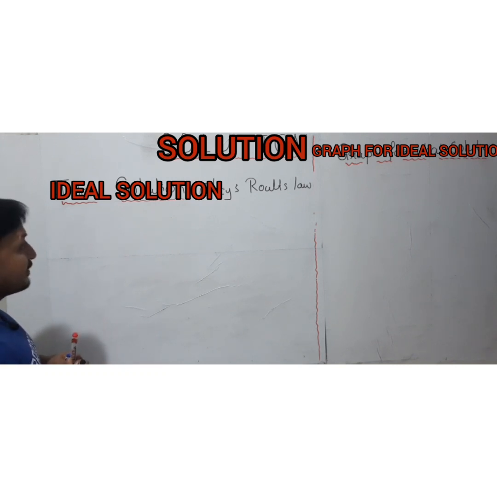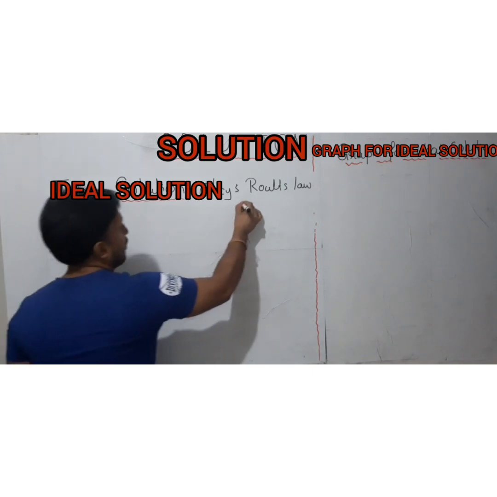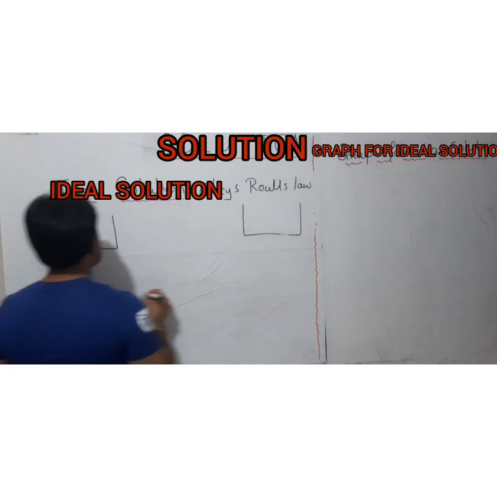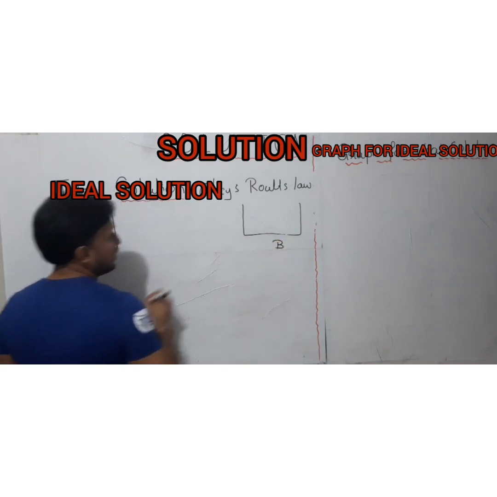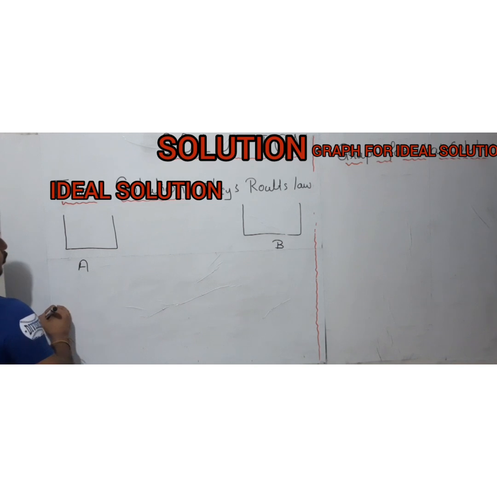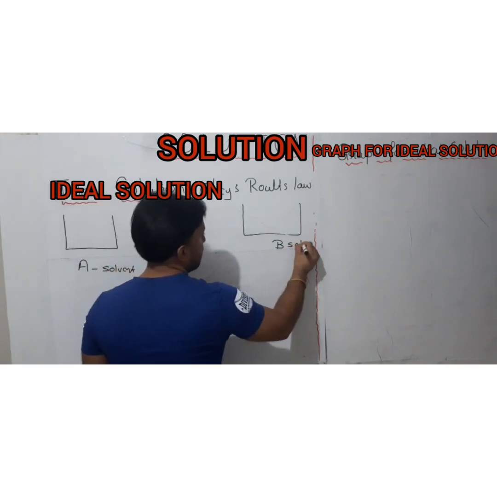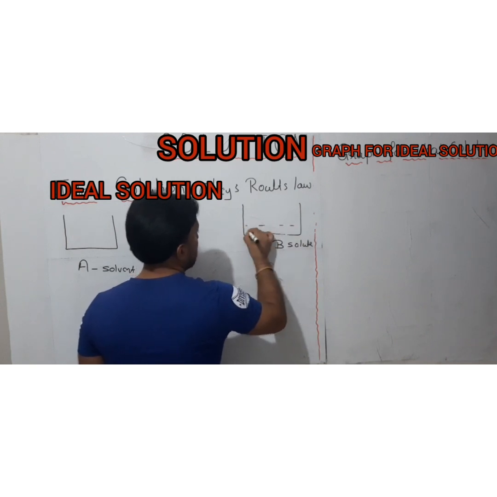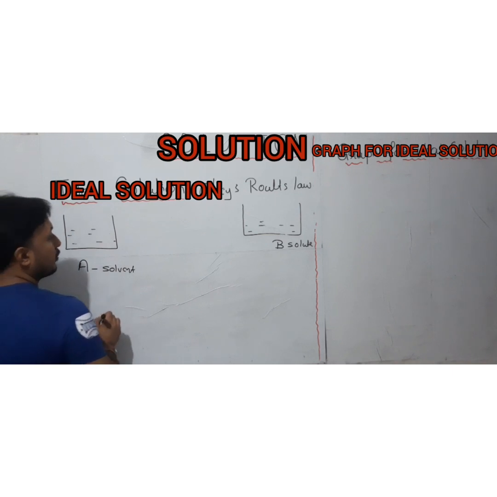But first we need to understand that, suppose we have two components, that is A and another one B. The component A is our solvent, and the other component B is the solute. They are in their pure state.